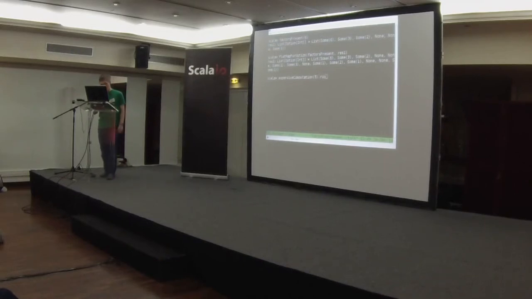So let's say we have that for 5 and run it, then we get 16 back because 5 times 3 plus 1 is 16. And now we can change this thing.